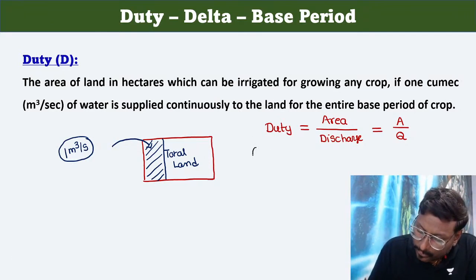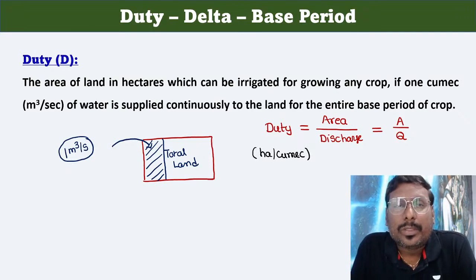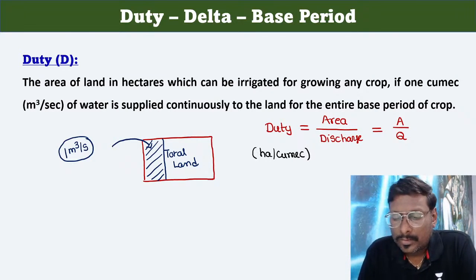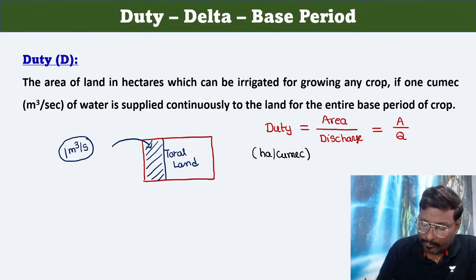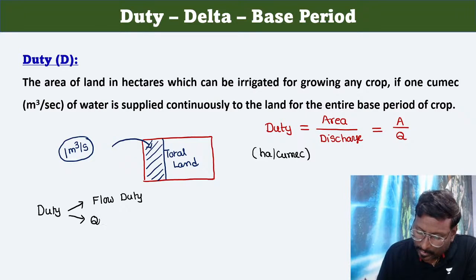So what are the units now? Hectare per cubic. The units for duty are hectare per cubic, area upon discharge. Duty can again be classified into flow duty and quantity duty.